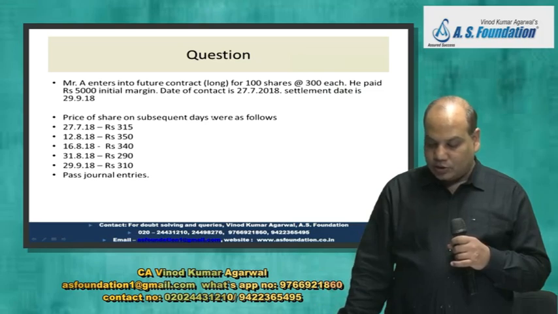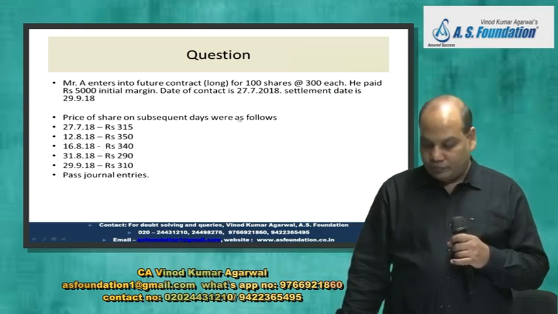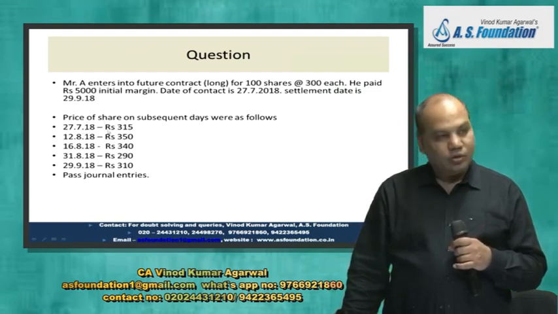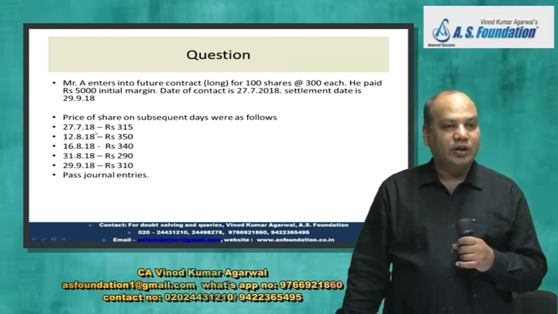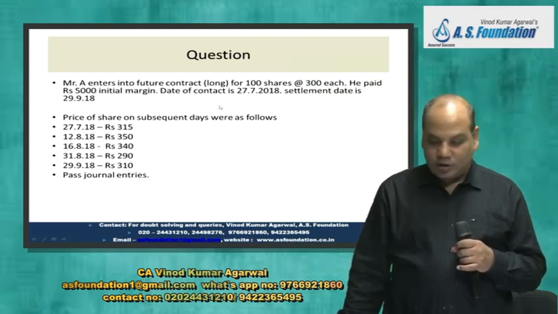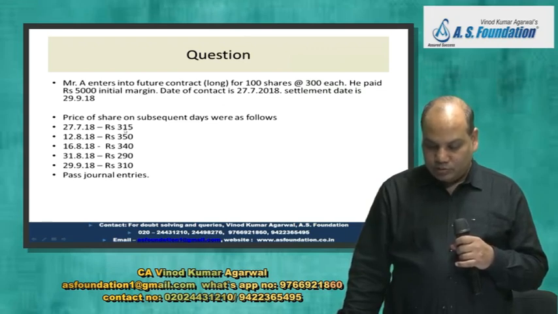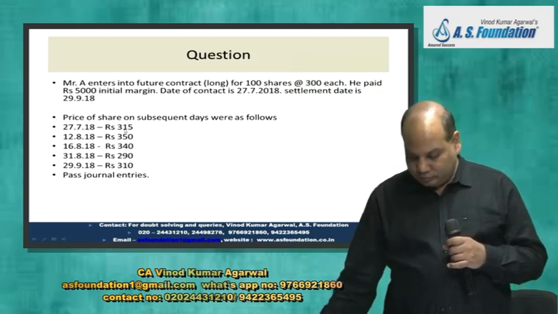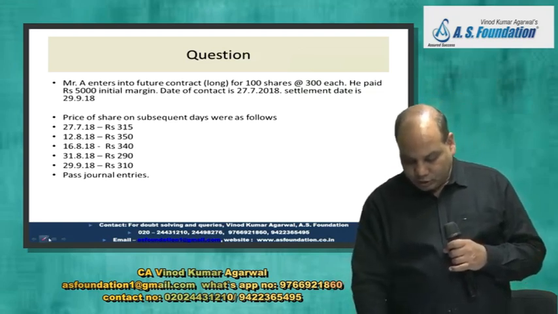Price of the share on the subsequent days was as follows. 27th July 18 only, that is at the end of the contract date. Today we have entered into the contract on 27 July. At what rate? 300. Closing rate 315.